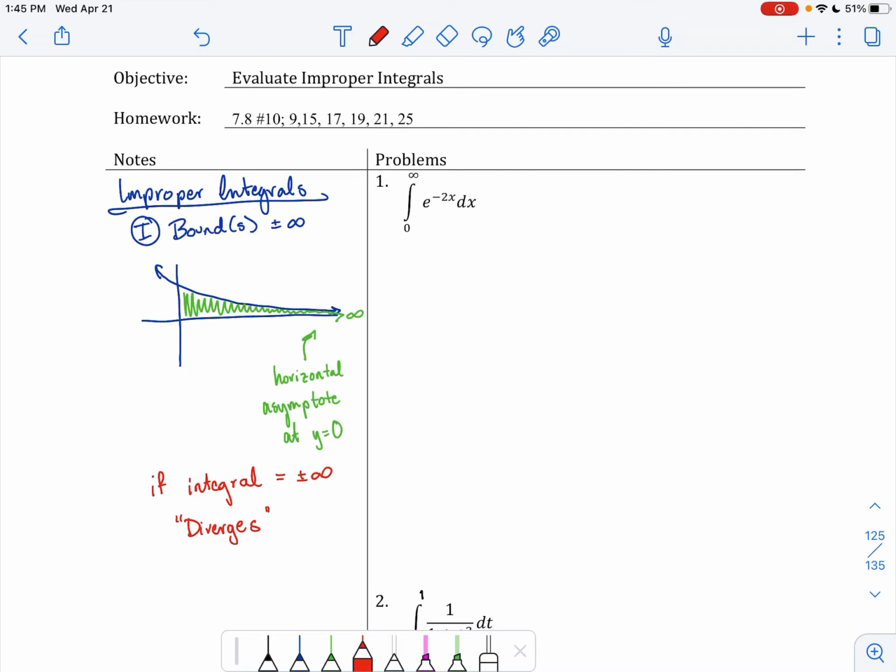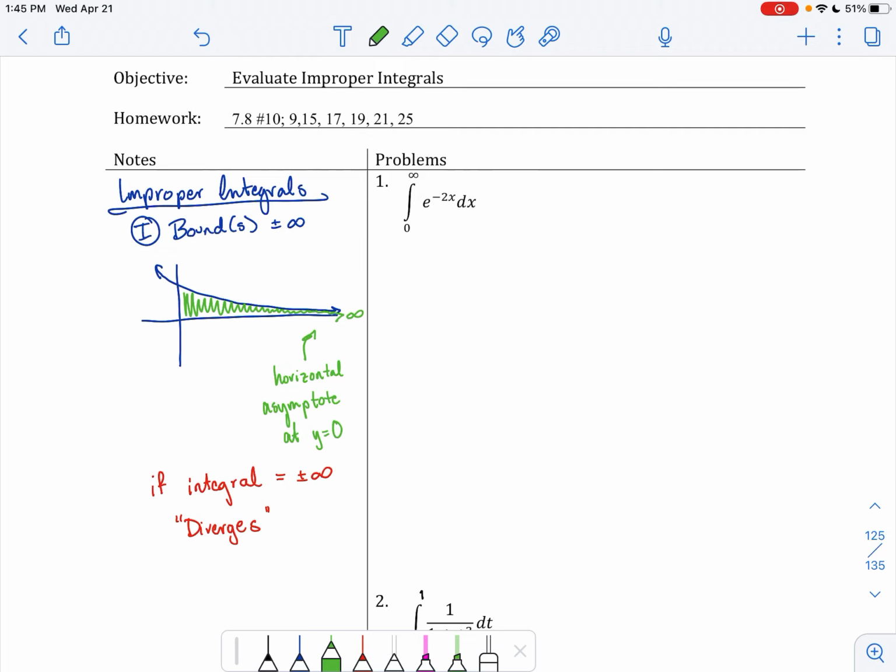Now, it also might converge or be convergent. Since it does have this horizontal asymptote, the area might get small enough that it approaches a number. So here we have the integral from 0 to infinity of e to the negative 2x dx.